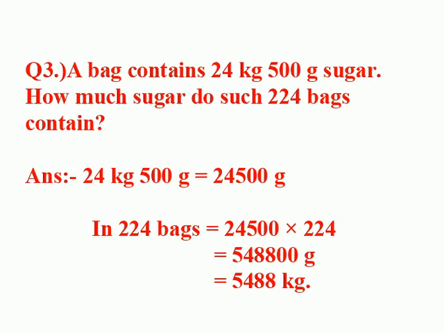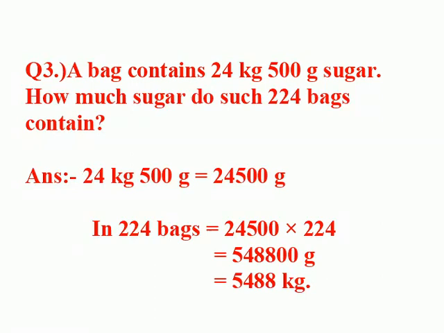If there are 224 bags like this, how much is the total sugar? So first, 24 kilogram 500 gram you have to convert into gram. As we know 1 kilogram is equal to 1000 gram, so 24 kilogram will be 24,000 gram. So the total sugar in a particular bag is 24,500 gram.